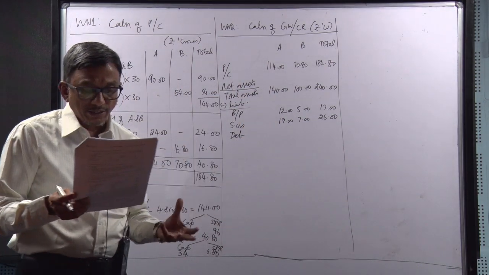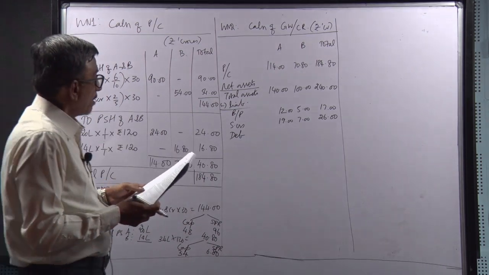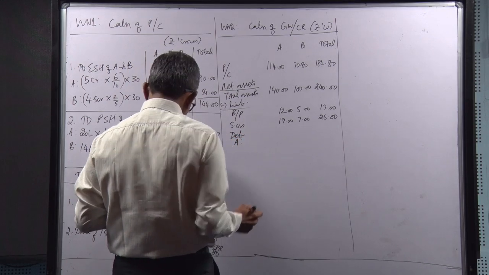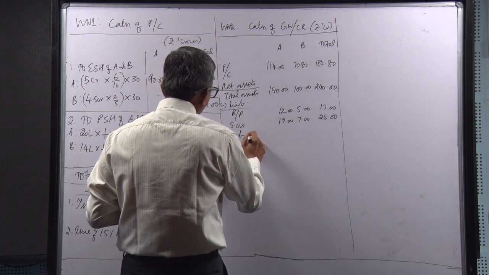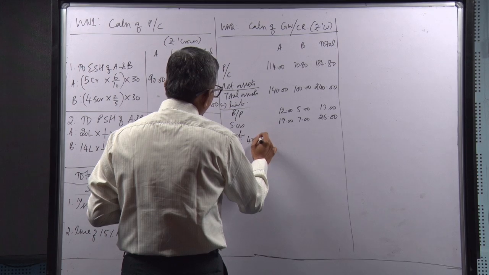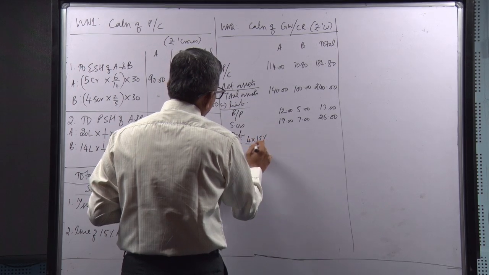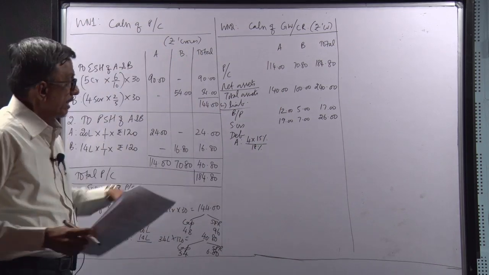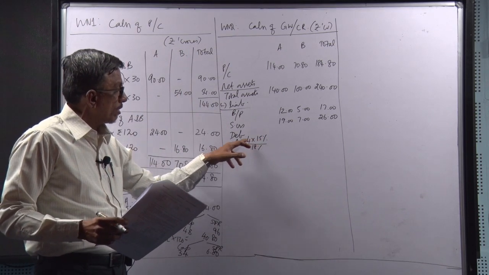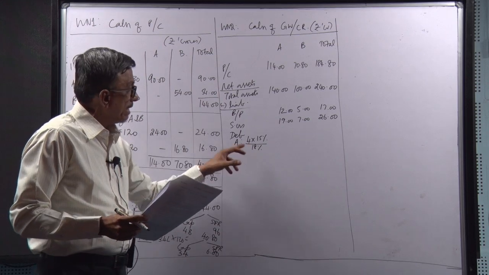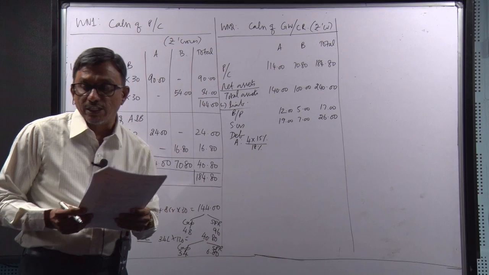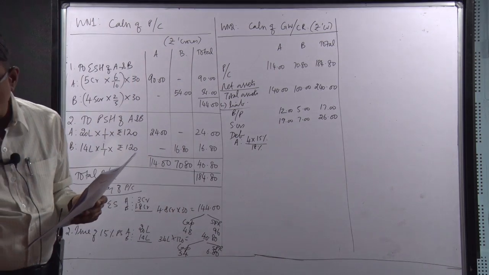For what value should debentures be issued? How to get that answer? It's like this. For A, it will be 4 into 15% divided by 18%. See, in A they are getting 15% of 4 crore. In B they should get the same interest at 18%. So for what value should debentures be issued? Like this you have to calculate.